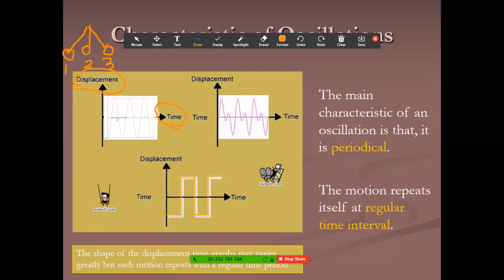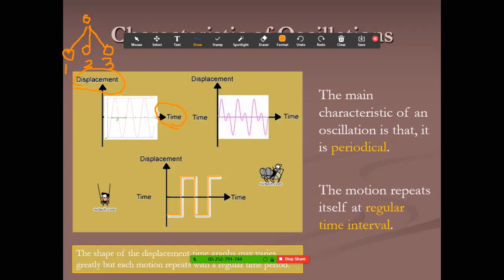The center we call 0 displacement. This position we call positive displacement, because displaced to the right, and the most extreme to the left is called negative displacement.